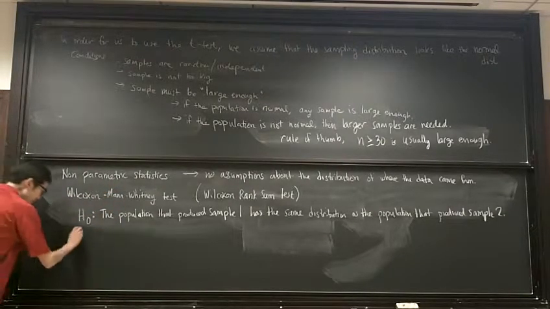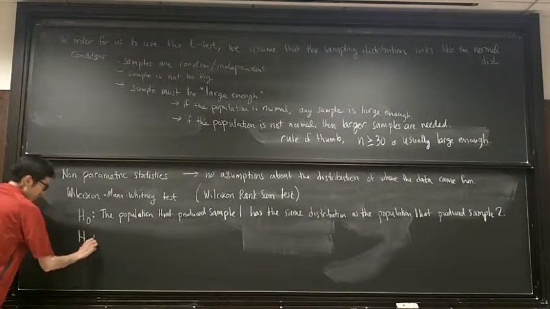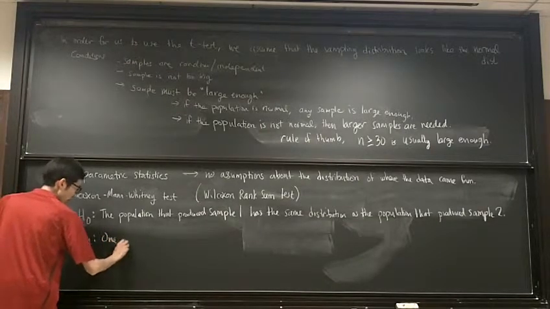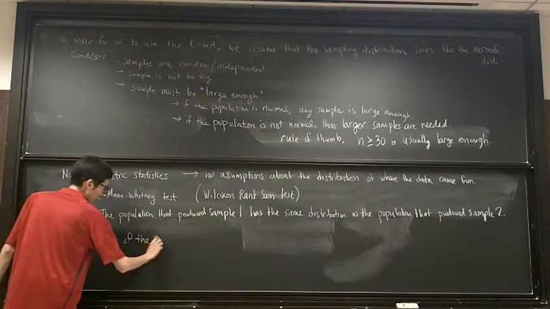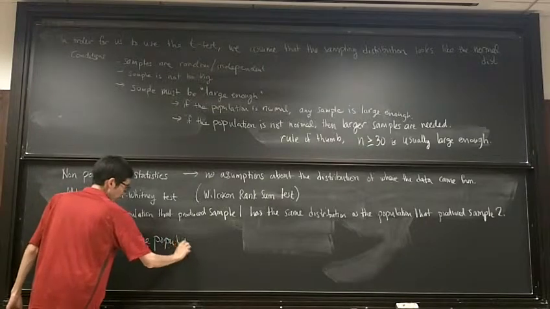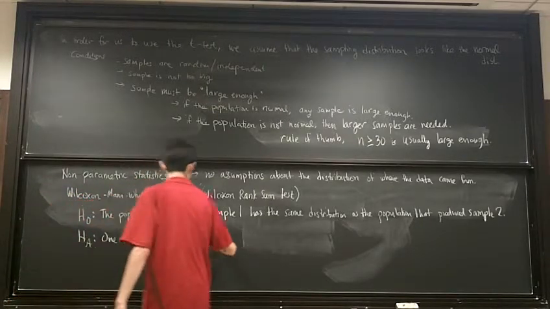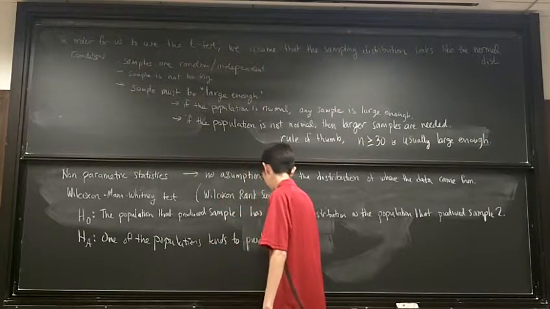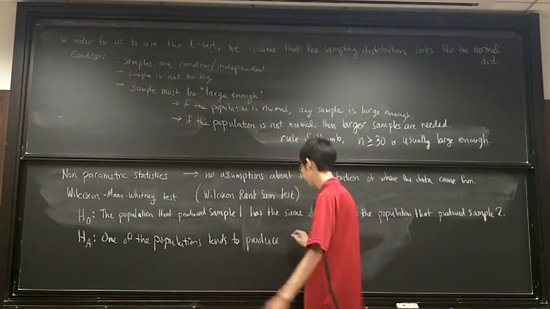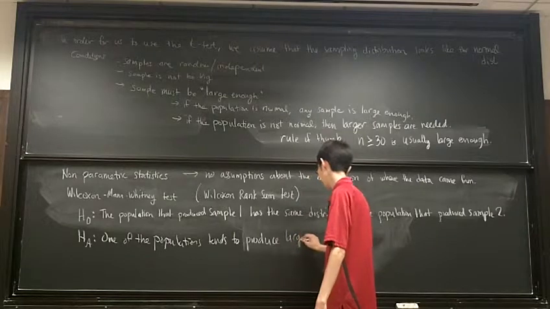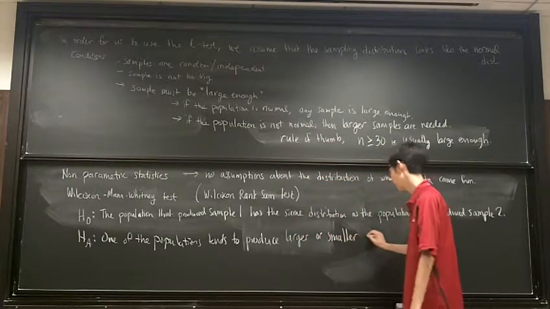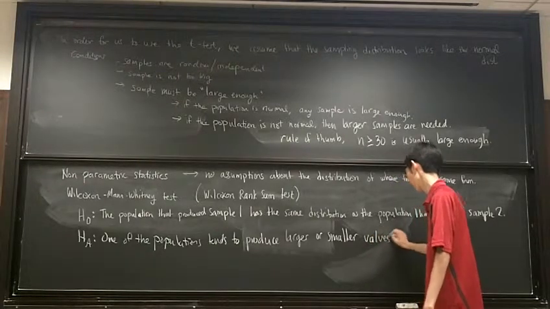And then the alternative would be that one of the populations tends to produce either larger or smaller values than the other.